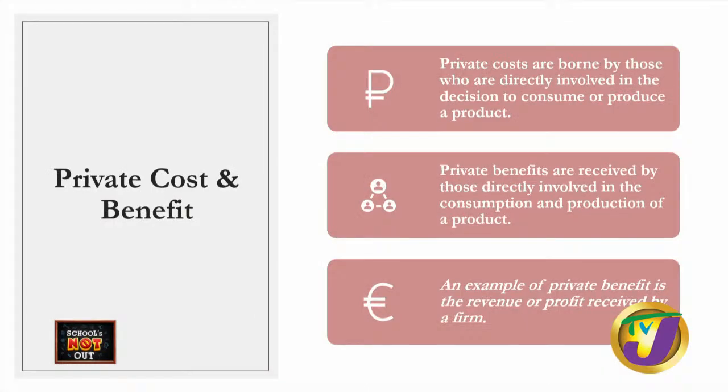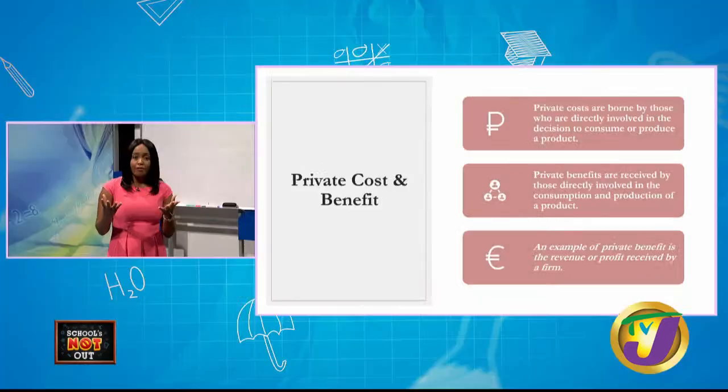All right, there is the concept of private cost and private benefits. So we want to look at what private costs and benefits mean. So a private cost is the cost borne by the persons who are directly involved in a transaction. So say for instance, you go to the supermarket to buy a good. You're the person who is going to buy food to eat.